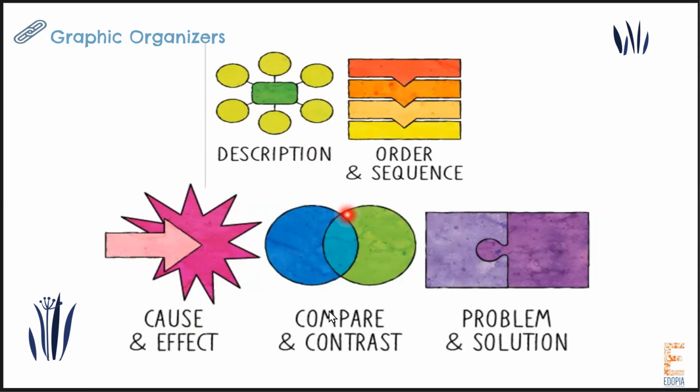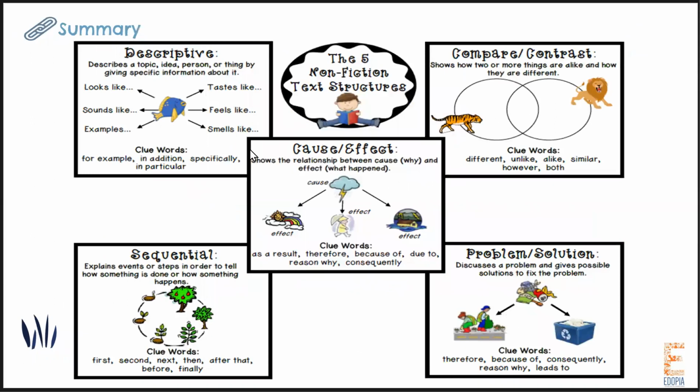Comparing, where you have differences and you have similarities. You have a puzzle, you have a problem, and then you fix it together, and then you get the solution. To sum it up, you can look at this summary page and you can read it, and then you can remember the clue words. Remember, the clue words will really help you figure out what kind of text structure it is.